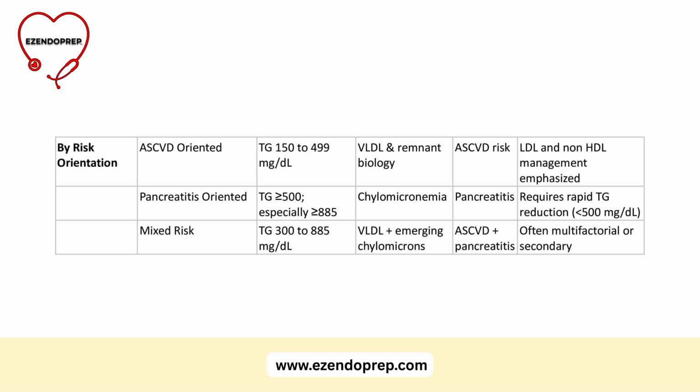Biology is VLDL and remnant particles. When we are thinking about pancreatitis, this includes triglycerides 500 and above, especially above 885. Biology is chylomicron accumulation. And this step answers the key question, what risks are we trying to prevent?